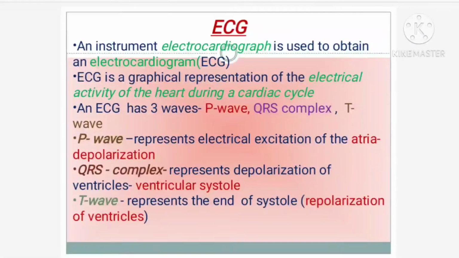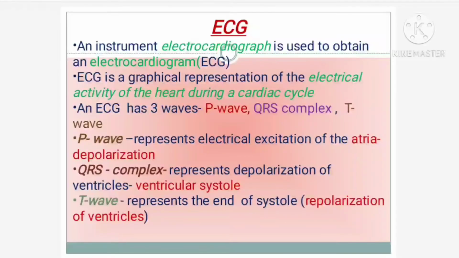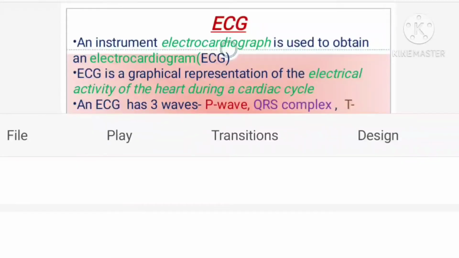The next topic we are going to discuss is ECG. ECG you would have heard, isn't it? So what is ECG? ECG is a graphical representation of the heartbeat, okay. So diagrammatically how it is represented, that is called ECG. It is electrocardiograph and electrocardiogram.